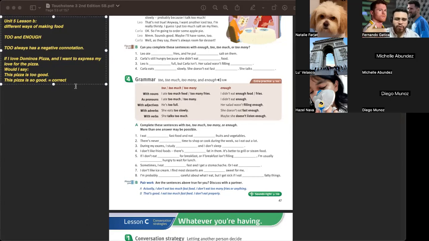If I say that my girlfriend is too good for me, that means that maybe I don't deserve her. It's negative. Even if it's a positive thing, there's always like a negative interpretation. So try not to use too for things that you love, things that you like, because too is for negative things.